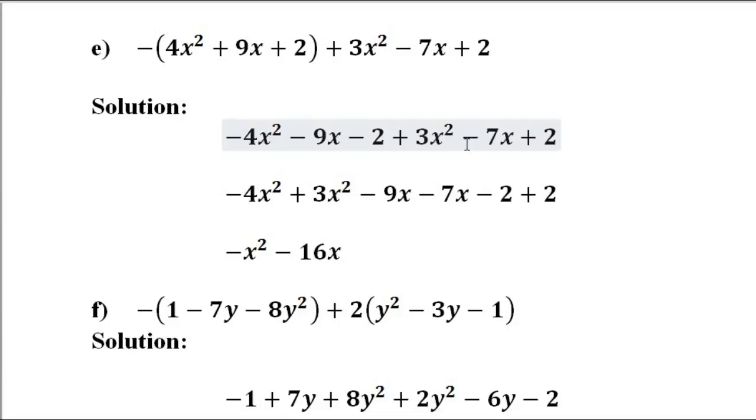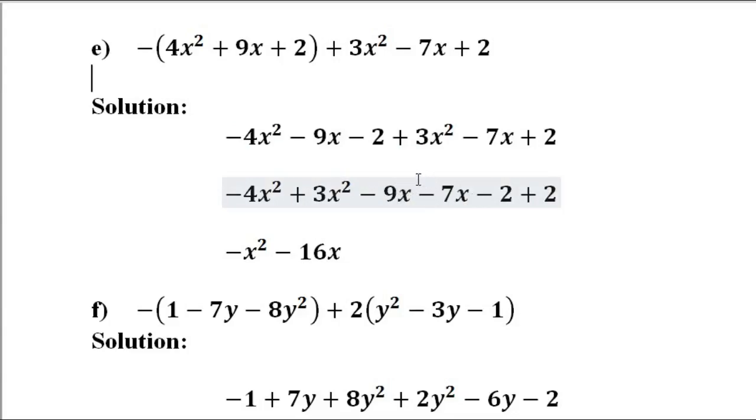So now let's go ahead and combine the like terms. I'll combine negative 4x squared and positive 3x squared because both of these terms are like terms with the same variable x and the same power. Next, we have negative 9x and negative 7x with the same variable x and the same power.